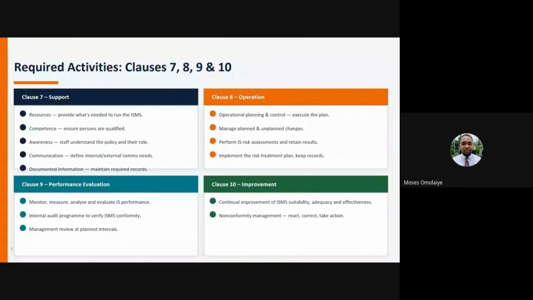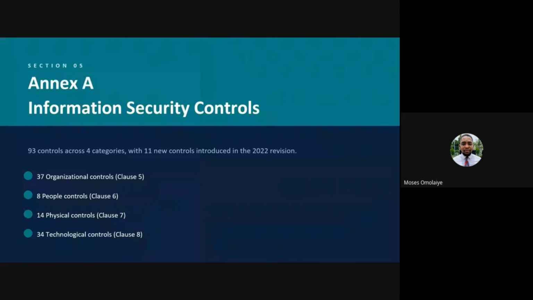And based on the results from management review, which will be done periodically, the continual improvement is activated. So that has to be done, continual improvement of the information security management system. Now, if there are non-conformities, you have to manage them properly. You have to take action, correct what needs to be corrected, and react to what needs to be reacted to.